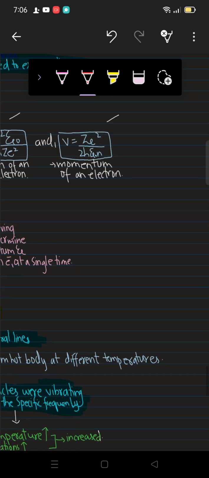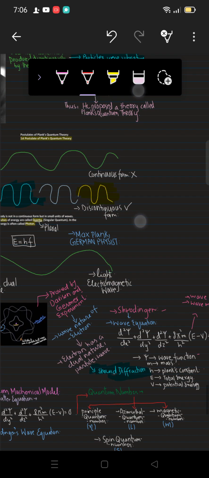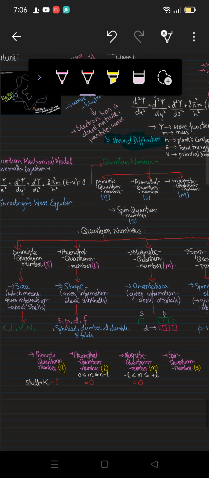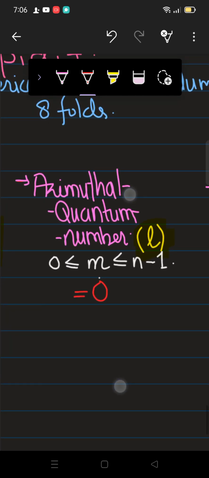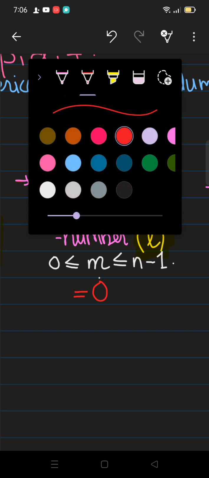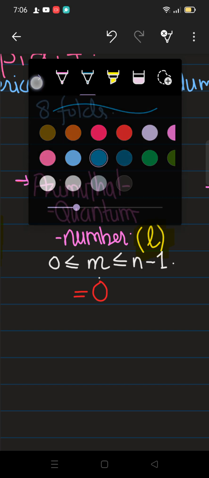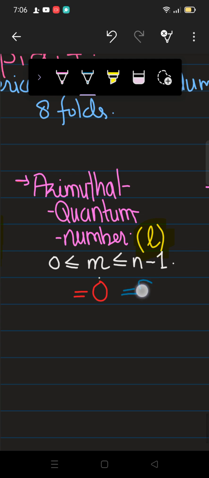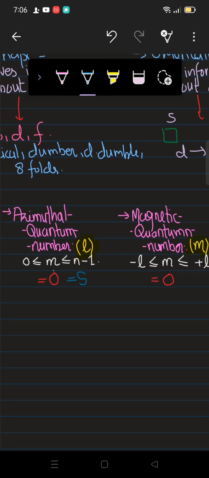Alright, now this 0, the azimuthal quantum number, basically tells us about the subshells, and the subshell here would be S, which means the shape would be spherical.